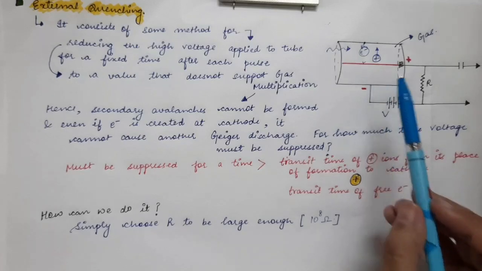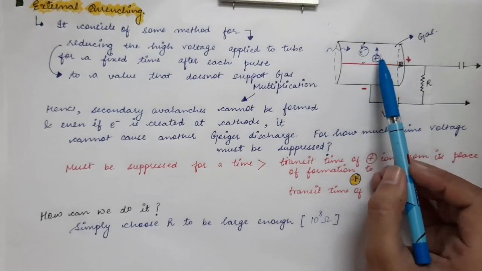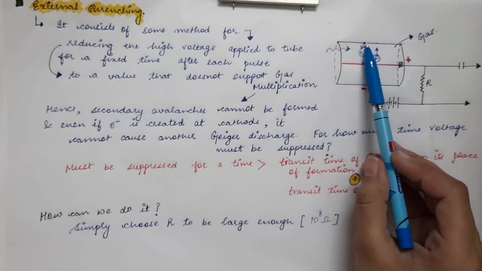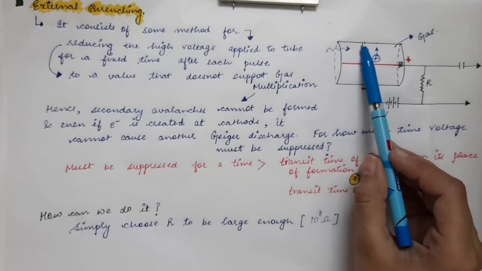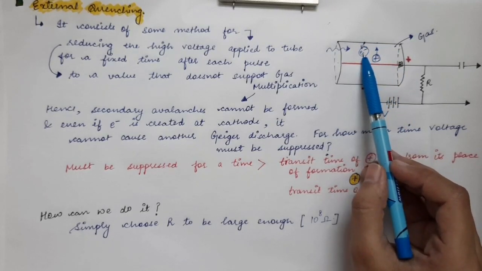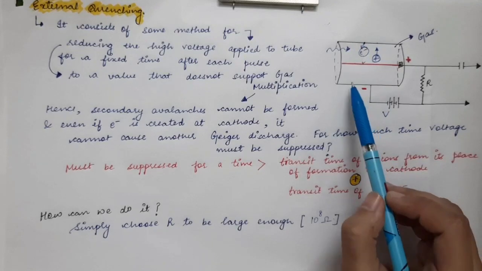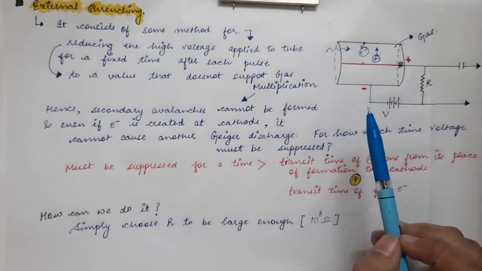Due to this, the positive ions hit the cathode wall with lesser energy, and if an electron is released from the cathode wall, it will not cause further Geiger discharge, and hence multiple pulsing will be avoided.